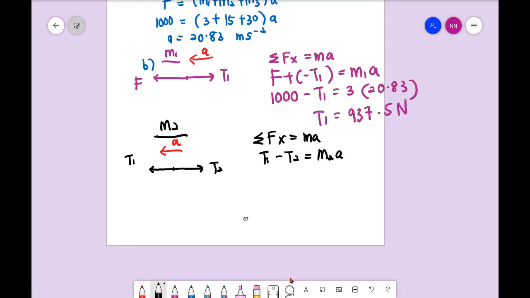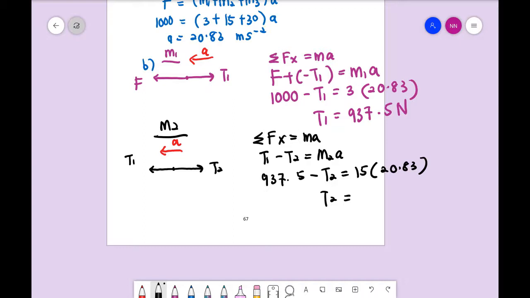T1 already calculated, it is 937.5 minus T2, and M2 is 15 kilogram. A already calculated, 20.83. So T2 equals 937.5 minus 15 times 20.83.